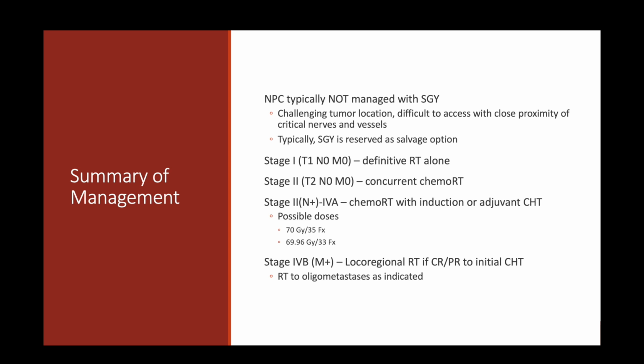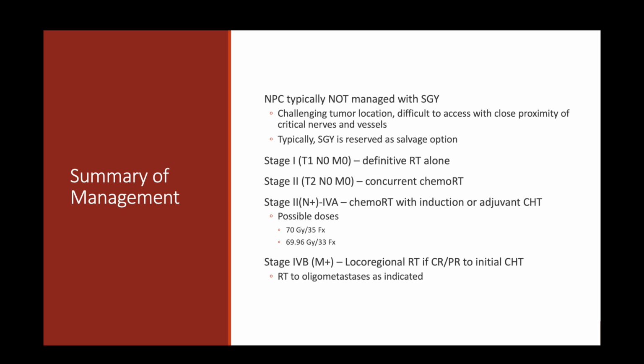So most of the time, we're going to be treating them with concurrent chemoradiation. So anything that's stage 2, we think about concurrent chemoradiation, and anything that's stage 2 with positive nodes or ranging up to stage 4A, we actually not only do chemoradiation, we also think about either induction or adjuvant chemotherapy.